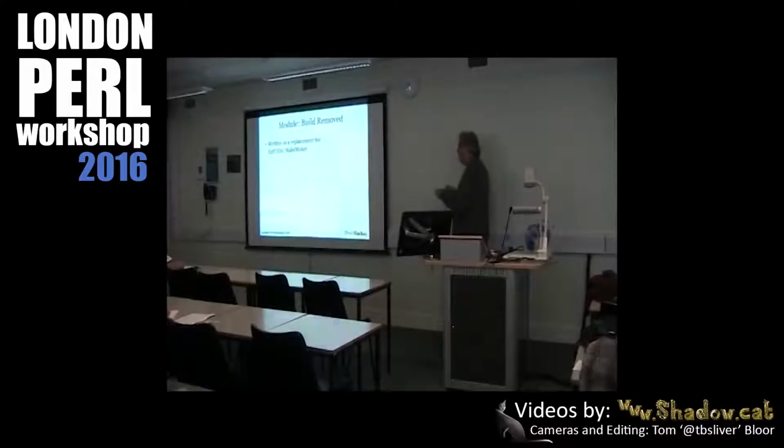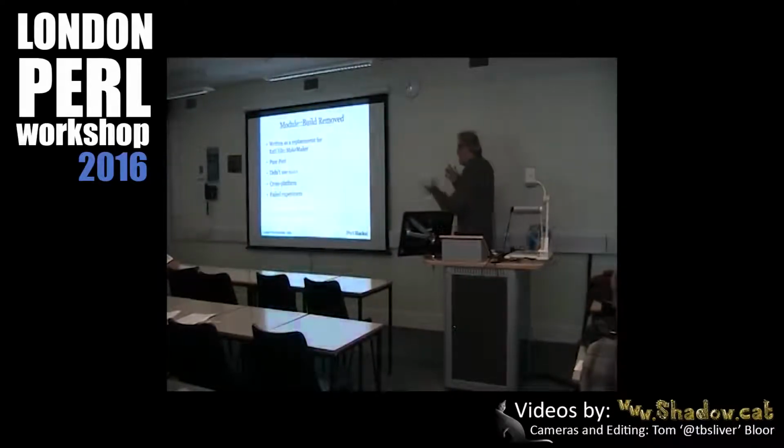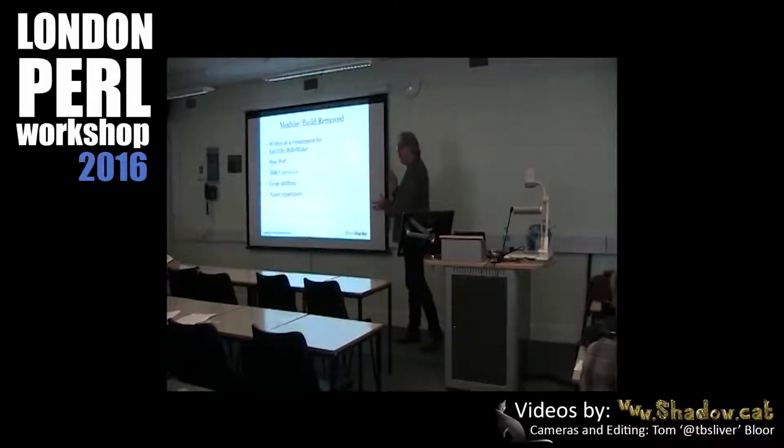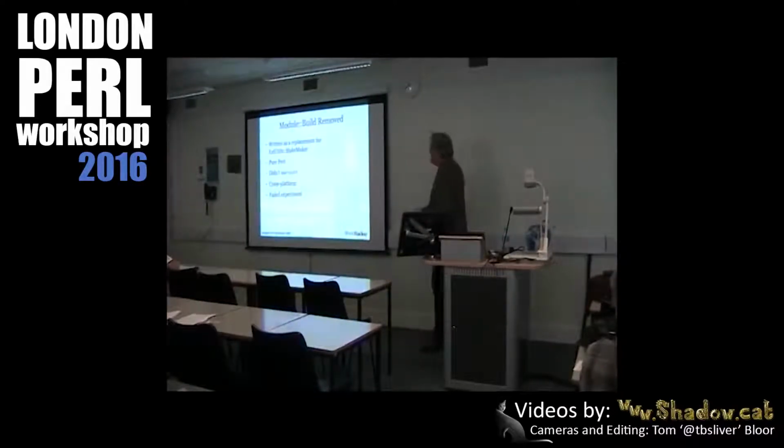Whereas Module::Build has its own internal code that does the same thing. It was written in pure Perl, it didn't use Make, it ran across all platforms, but it's kind of seen as a failed experiment. Again, it's still there on CPAN, and my CPAN modules all still use it because 10 years ago I moved them all across to Module::Build, and I haven't gotten around to moving them on to something else yet.